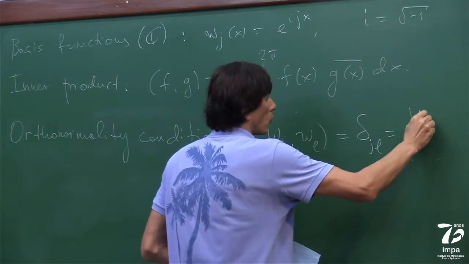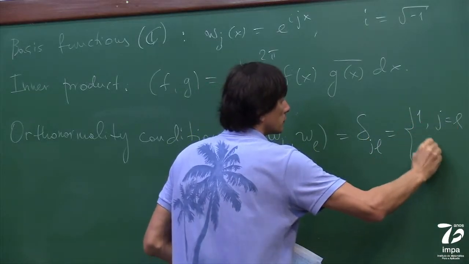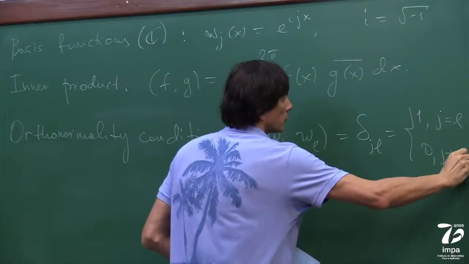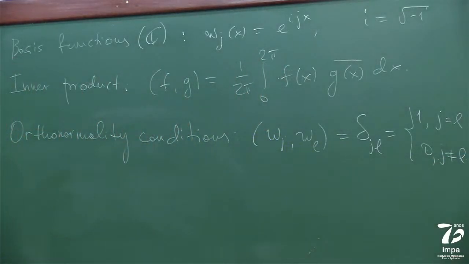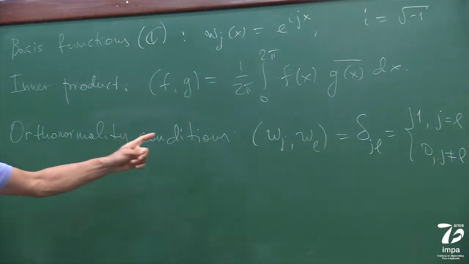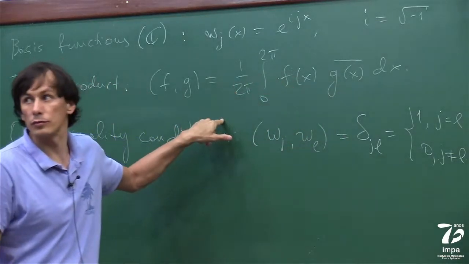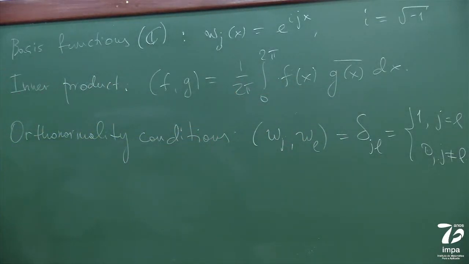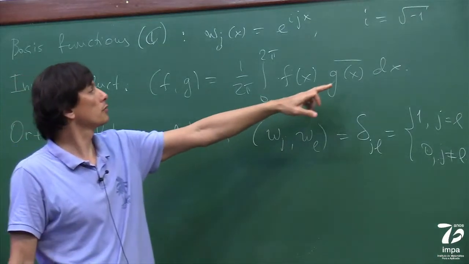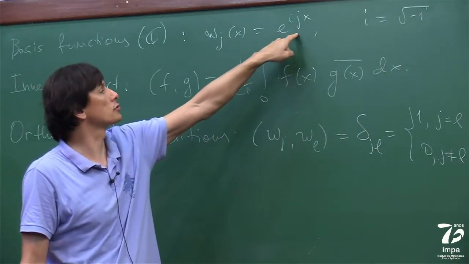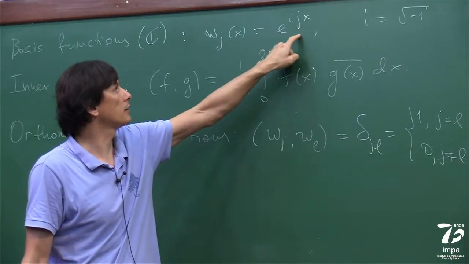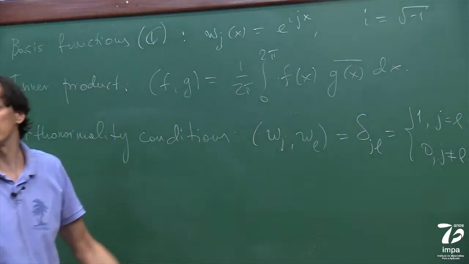It's 1 when j is l and 0 when j is not l. This is easy to see because if j is l, it's the exponent times its conjugate, which is 1, and then the integral gives 1. If j is not l, then it gives you an exponent with an integer number times i times x, and the integral is 0, of course.